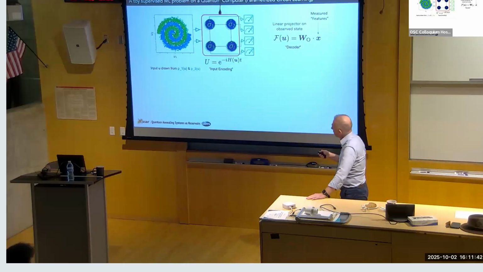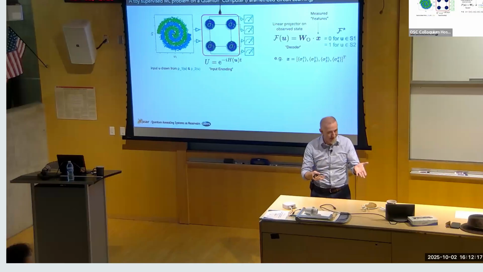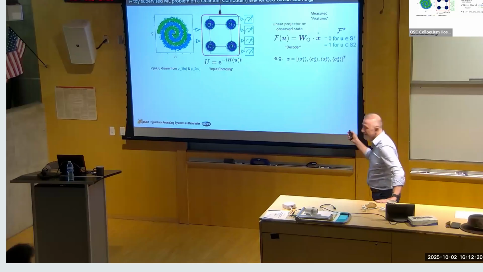And you want to take that value of u that you have gotten and parameterize this Hamiltonian that evolves this 4-qubit system, make measurements, organize these measurements into these output features, x, and then find the w that gives you the function that assigns a 0 if u is coming from this domain and a 1 if u is coming from the other domain, okay? So this is a function way of thinking about this, a functional way. It's clear.